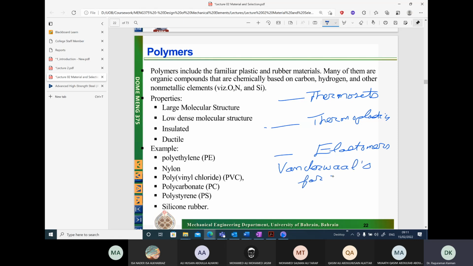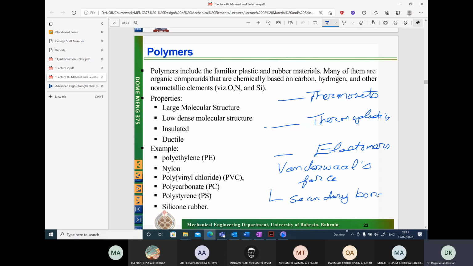What is a van der Waals force? Unlike the primary forces like your metallic bond or your ionic or covalent bond, which are primary bonds, van der Waals forces are classified as secondary bonds, and usually these are weak.